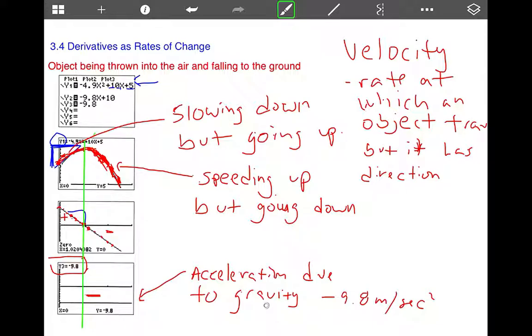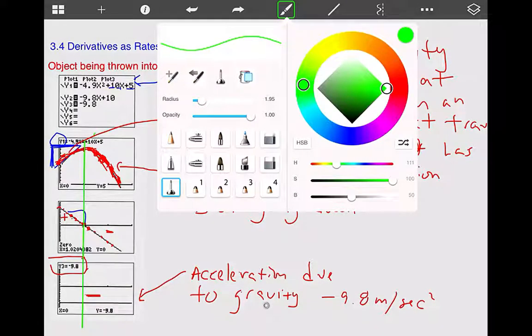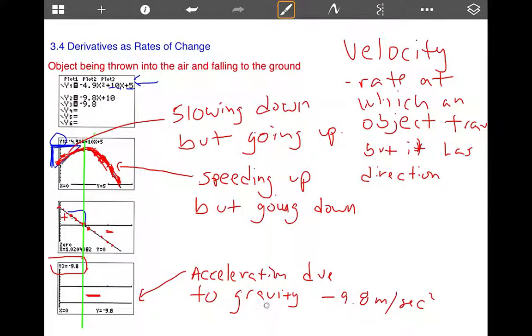Now I want you to notice that at this point right here on the velocity function, the velocity is 0, and the velocity changes directions.